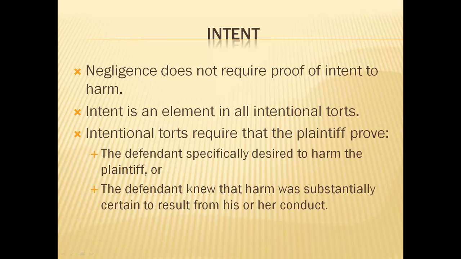By contrast, a person commits an intentional tort against a plaintiff when he or she either specifically desires to injure the plaintiff or knows that injury was substantially certain to result from his or her act, but engaged in the act anyway.